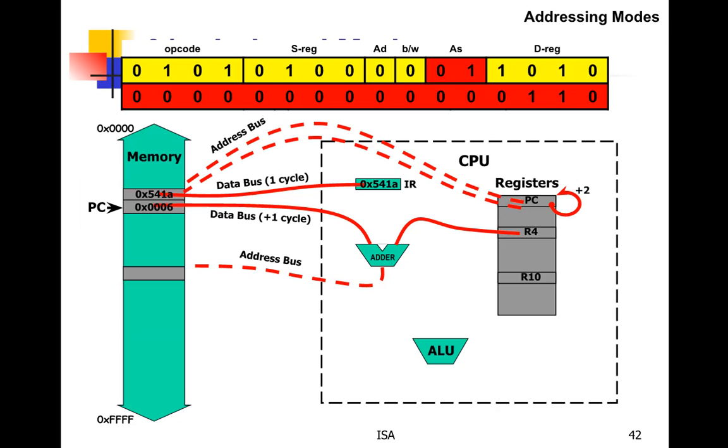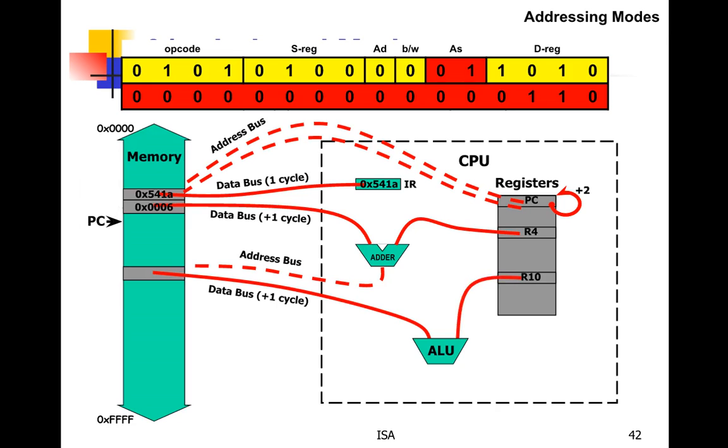The adder gets the result, and now it uses that result to go out to memory and get the number at that address, and that number is put into one input of the arithmetic logic unit, and then whatever's in R10 goes into the other input.